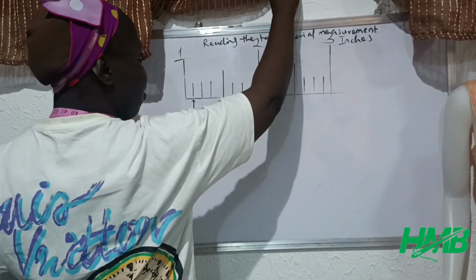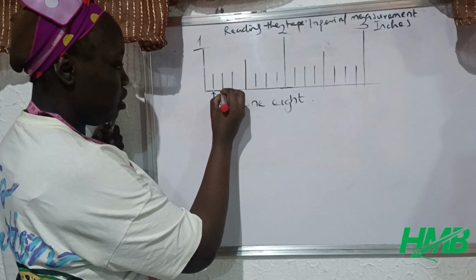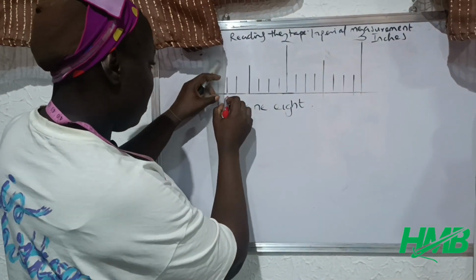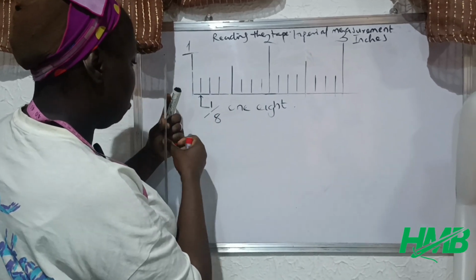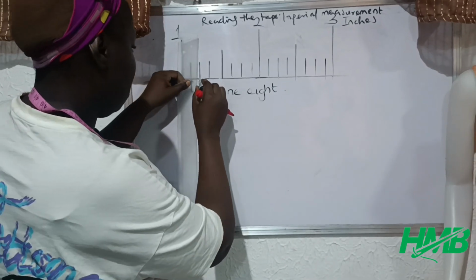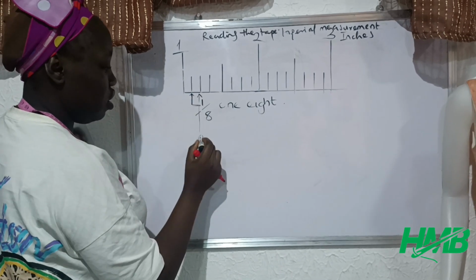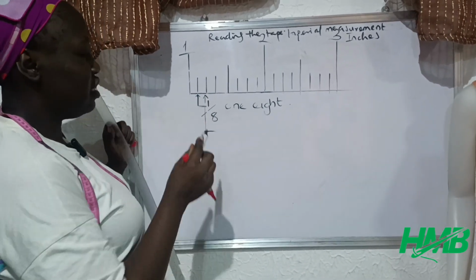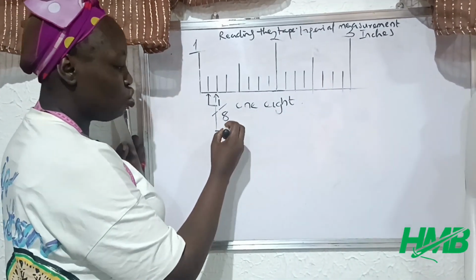Then we move to the second line. So this is the second line. We don't have a clearer one, but let's use this. Okay, so what's that line? Number 2.